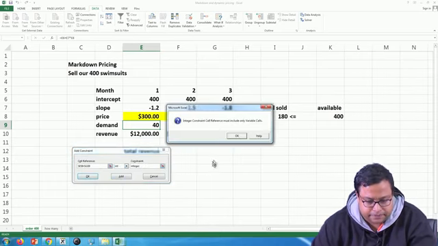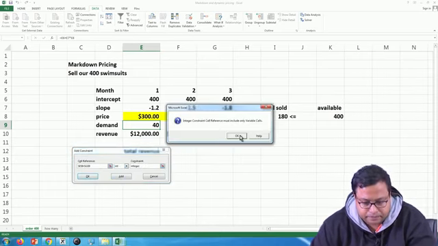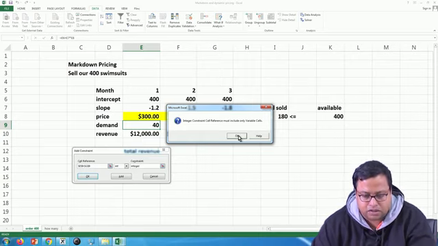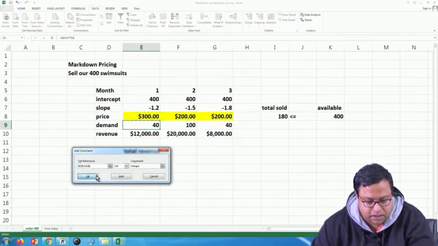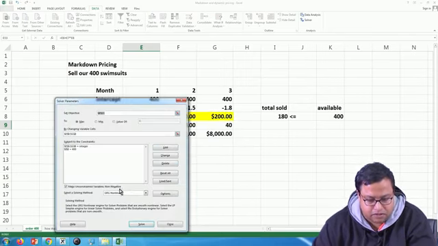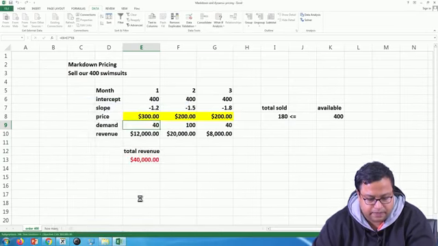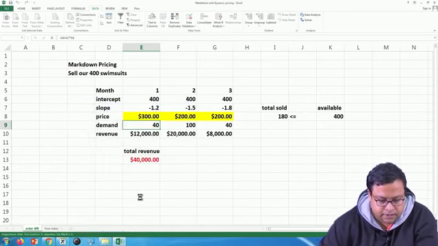So, integer constraint. To make these three values integers, that is okay. Now, if I try to solve, it is taking some time.